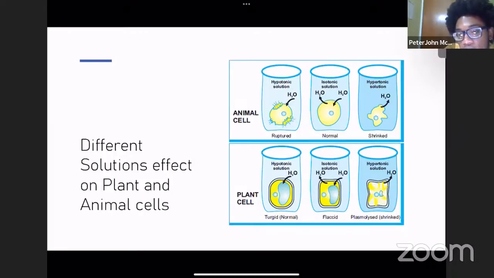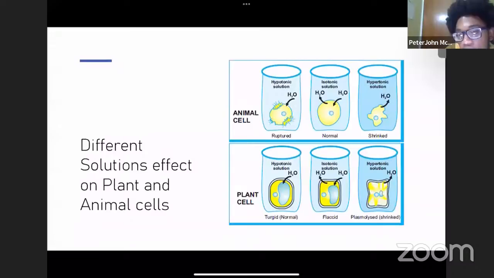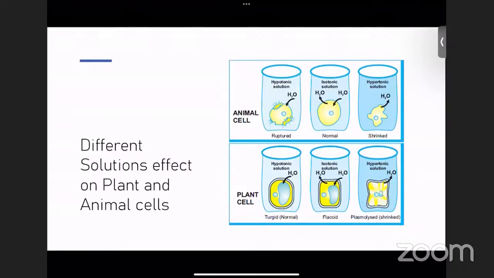Let's deal with the hypertonic. Joel, could you describe that for me? What's going on in the hypertonic for the animal cell? I think that's when the concentration of the cell is higher than water. Wait, let me think.